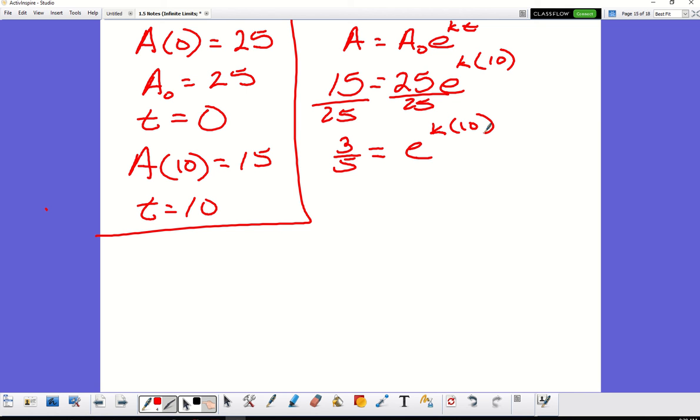If I ln both sides, I get ln of 3 over 5 is equal to, when I ln e, that goes away, so I'm going to end up with 10k. I'm trying to find a value for k, so I divide by 10. So k is equal to ln of 3 over 5 divided by 10.